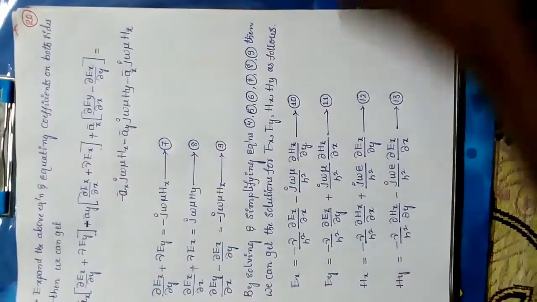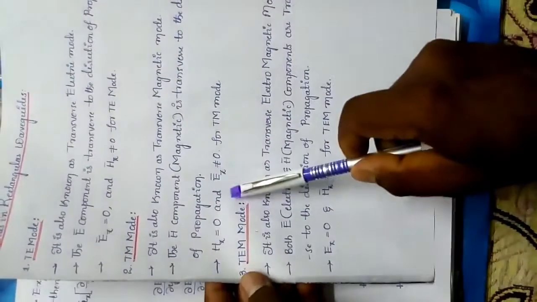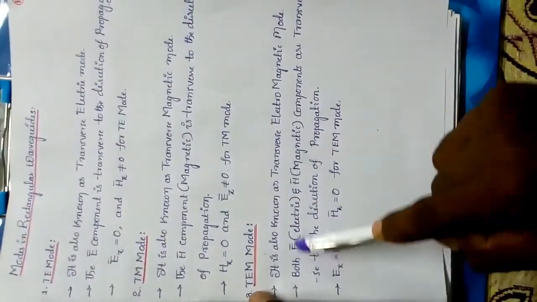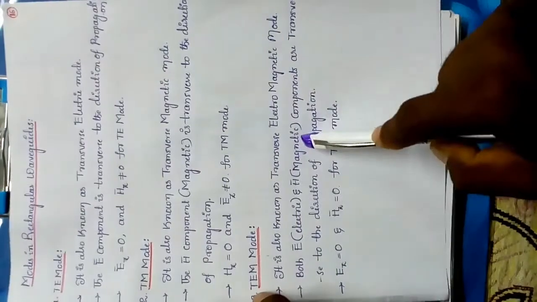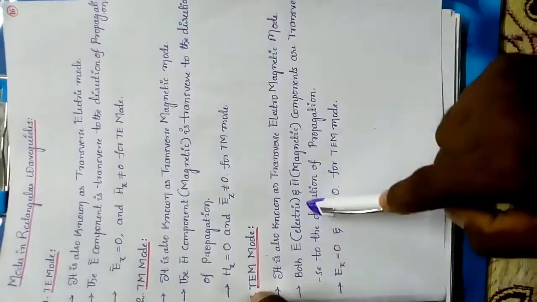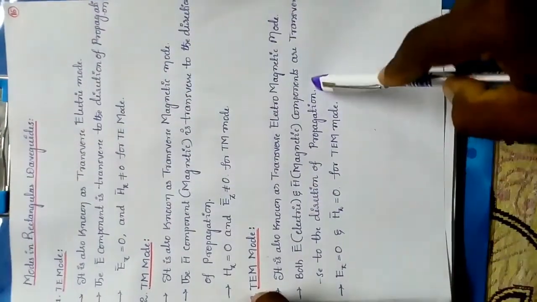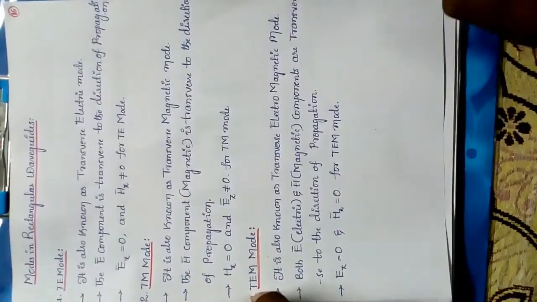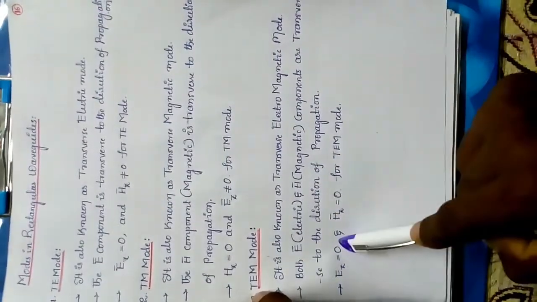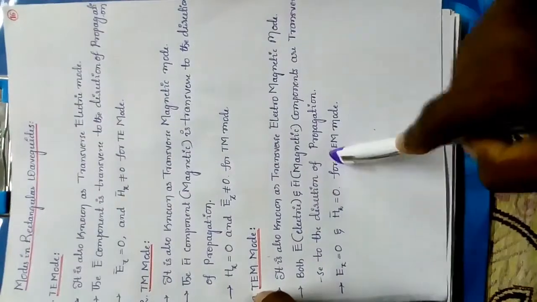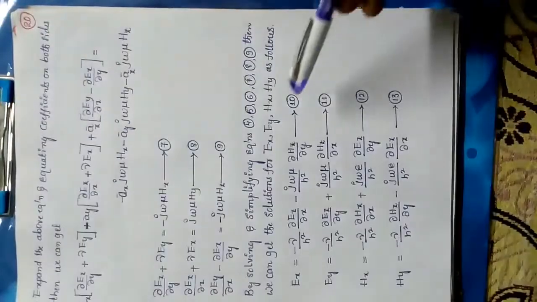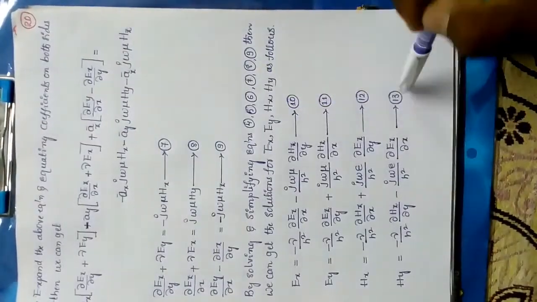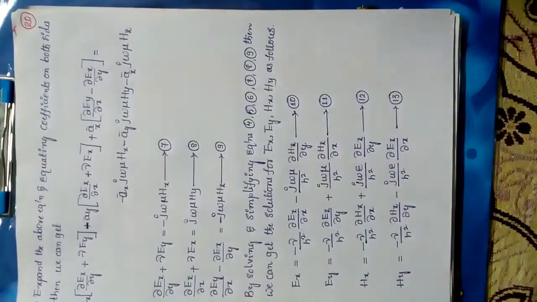I already explained this initially. The definition of TEM mode: both the electric component and magnetic component are transverse to the direction of propagation of that waveguide, whether circular, rectangular, whatever it may be. That is Ez equal to 0 and Hz equal to 0. These two values are substituted in the 10th, 11th, 12th, 13th equations.